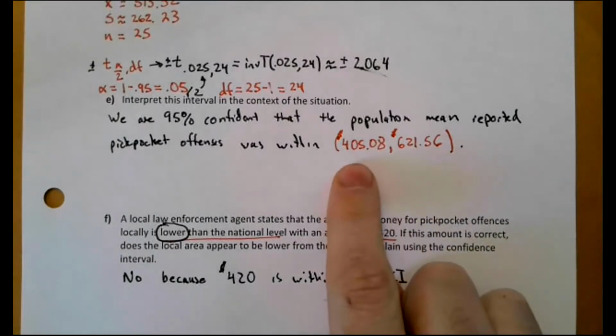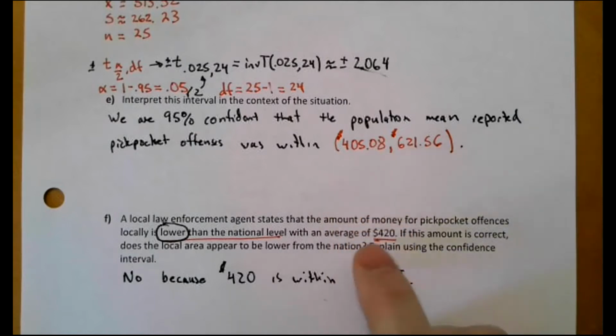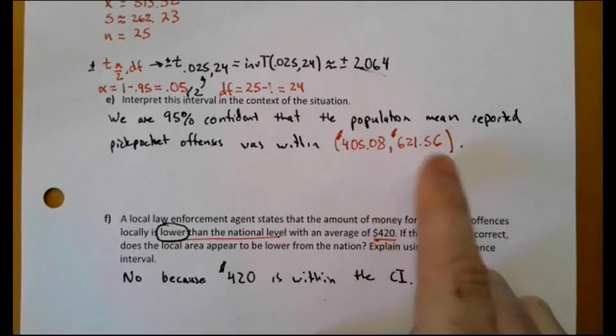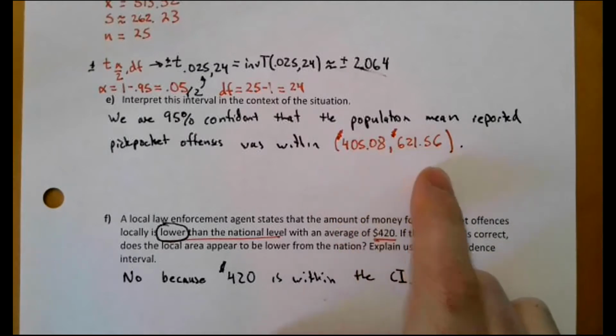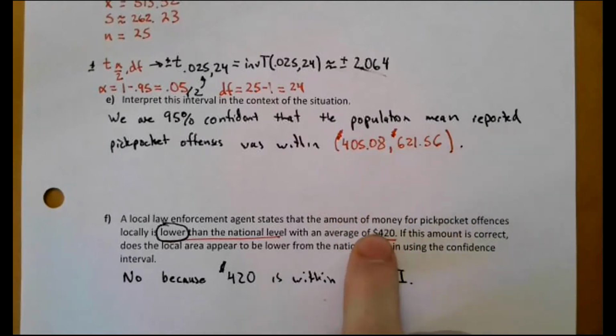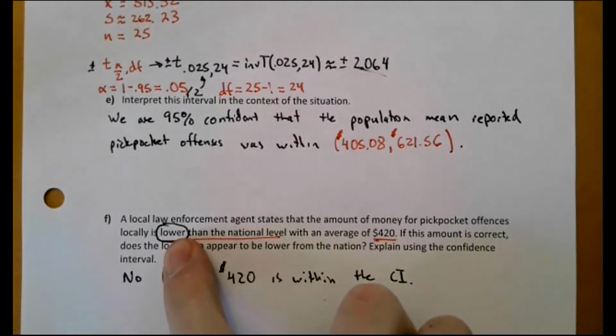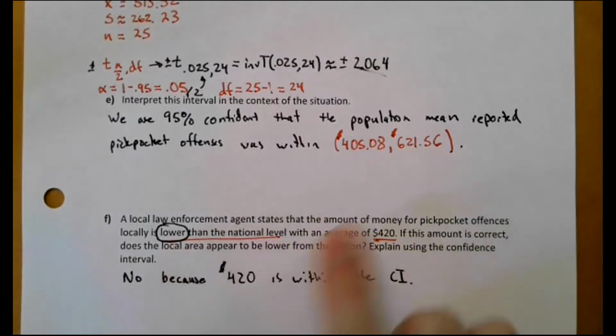Like, it's possible that the national average is 405. It could also be true that the national average is larger. It could be around 600. We don't know. We just know it's somewhere in between here. So our confidence interval does not support this claim of lower because the 420 is within it.